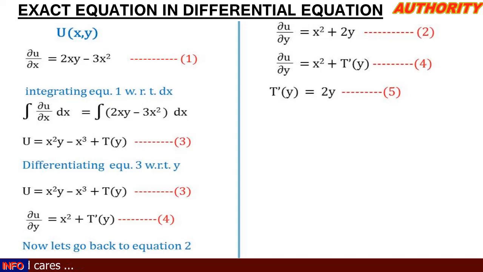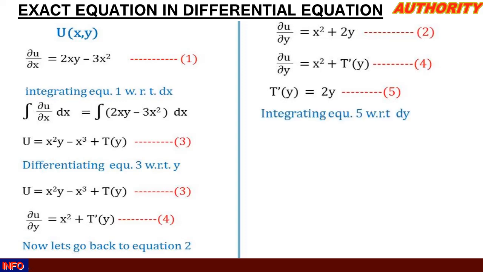Since we are correct here, we say that t prime of y is equal to 2y. But what we are looking for is not t prime of y, because this t prime of y is talking about the derivative. What we are looking for is just t of y. So we're going to remove the derivative, and that gives us the t of y that we are looking for.